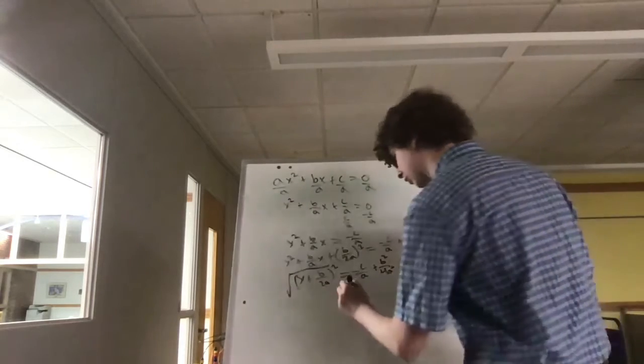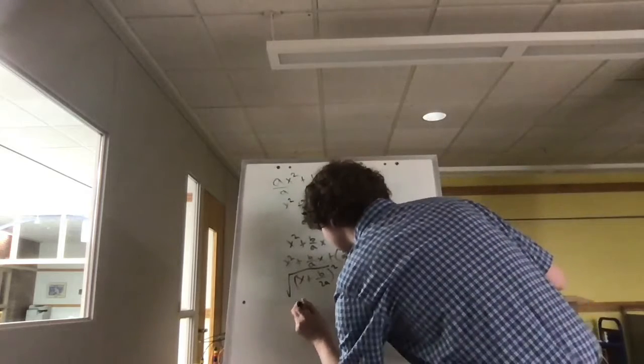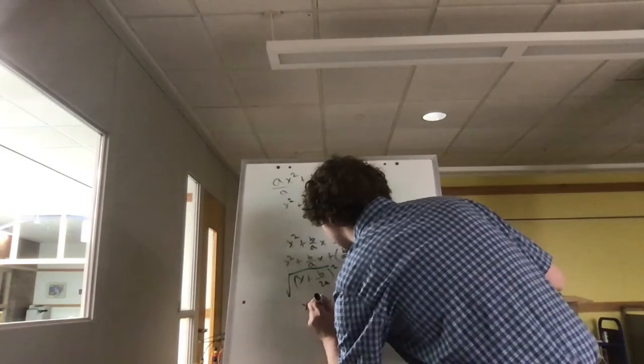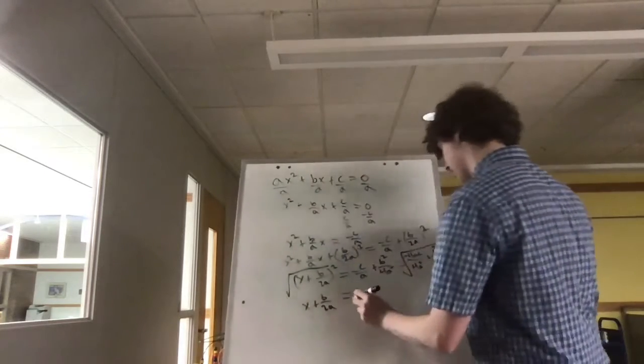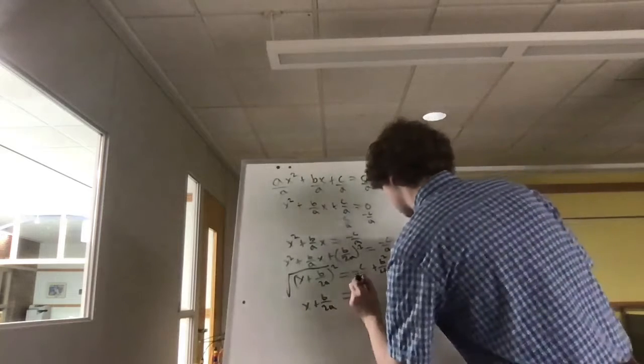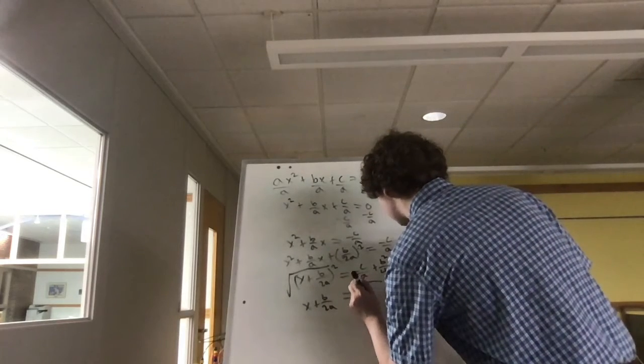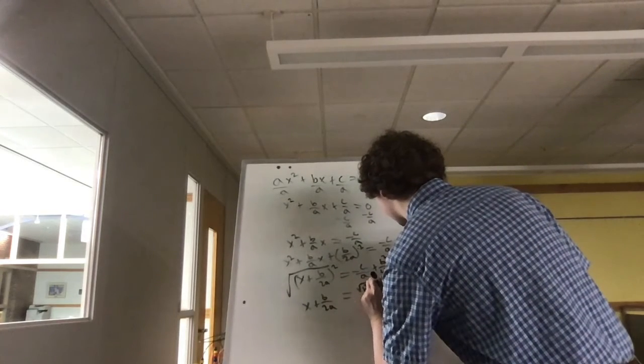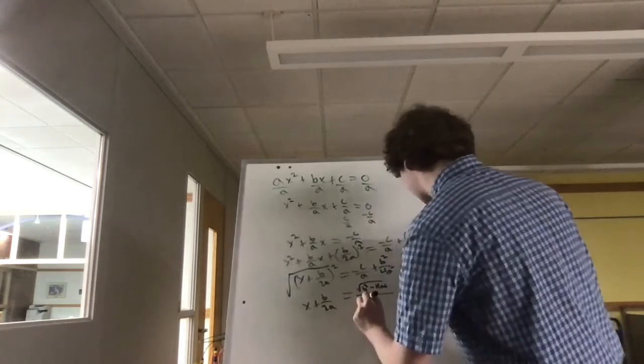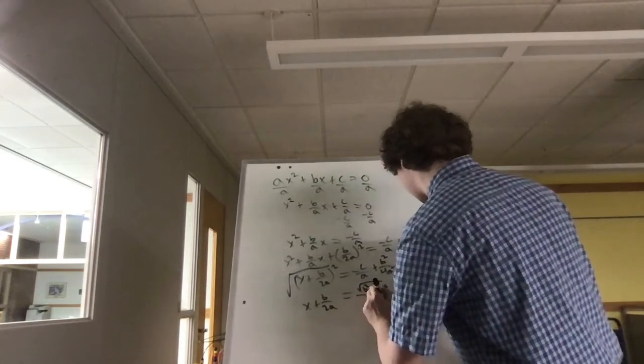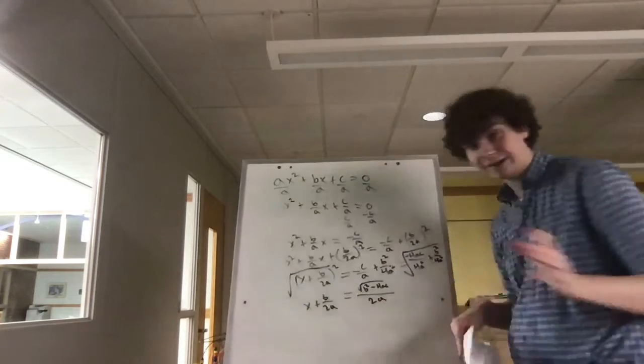And so what this will get us is x plus b over 2a equals square root of b squared minus 4ac over 2a. Now, why is it 2a?